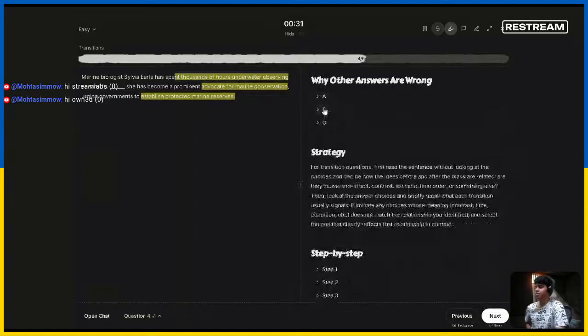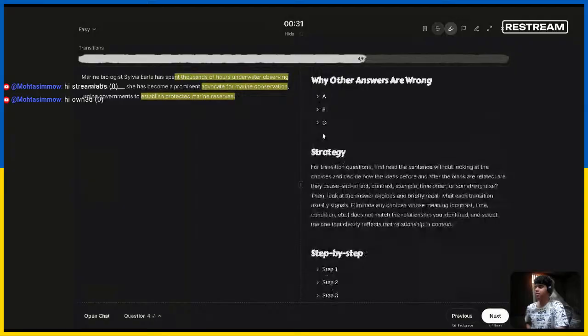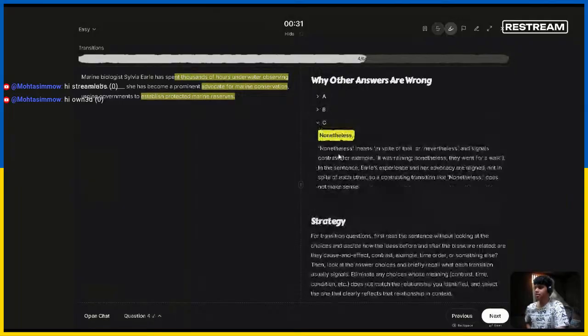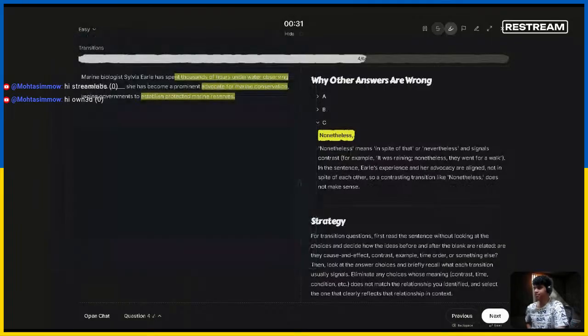Oh, okay. Meanwhile means at the same time and is used to show two actions happening simultaneously. For example, she cooked dinner, meanwhile he set the table. Nonetheless.